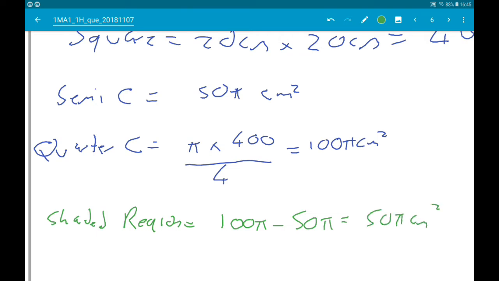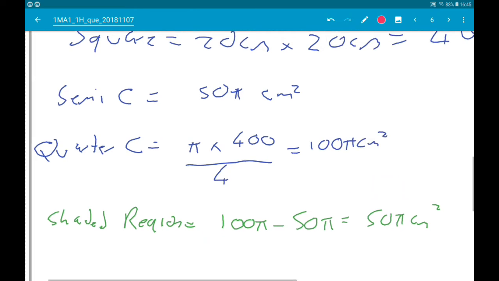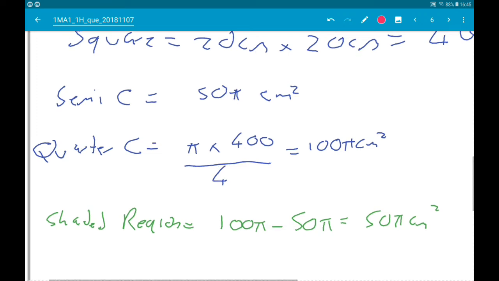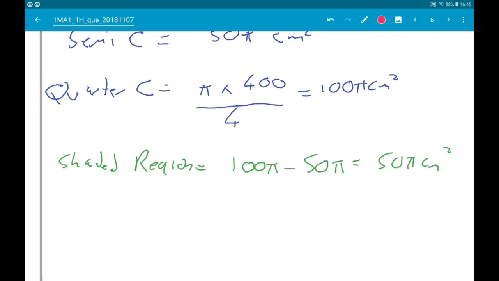So then, the shaded area over the square, so shaded area over the square is 50 pi centimeters squared over the area of the square, which is also centimeters squared, so the centimeters squared cancel out.